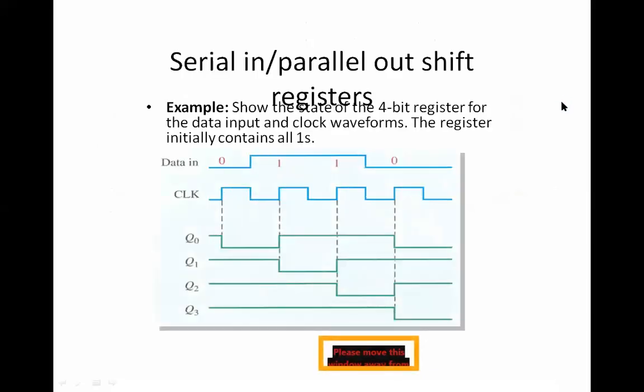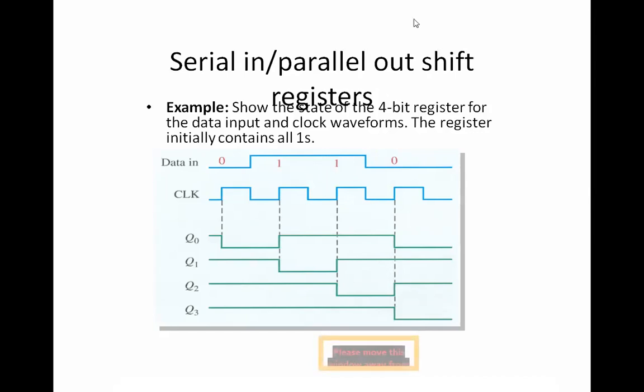Okay. So this is one of the examples that we can look at in a serial in, parallel out shift register. I might ask you in the question: show the state of a 4-bit register for the data input and clock waveforms. The register initially contains all ones.